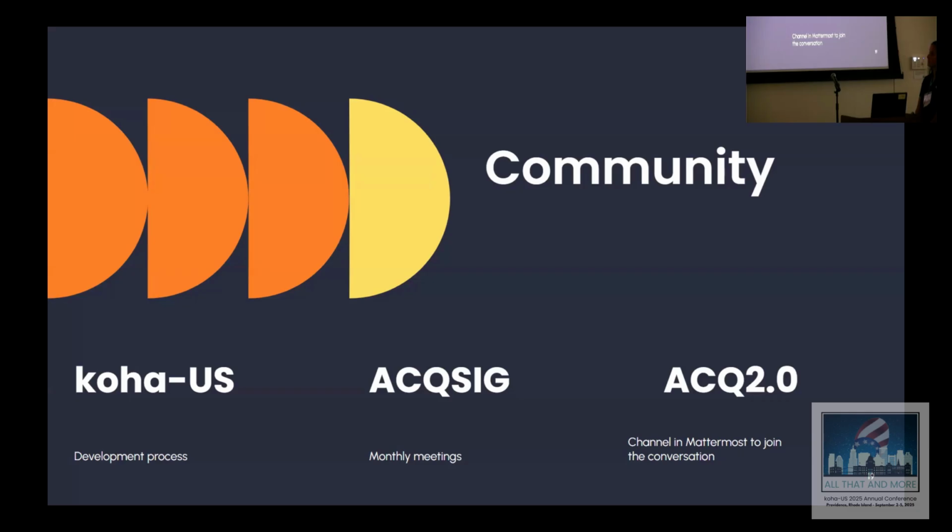The acquisition SIG meets monthly, and this is a great place to come and brainstorm and find out what other people are doing. I've gotten ideas from other libraries there that have helped streamline our workflows.